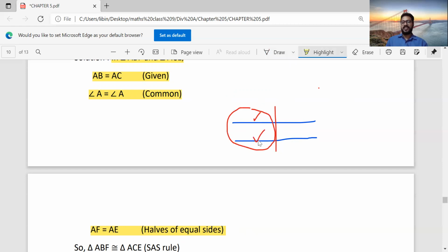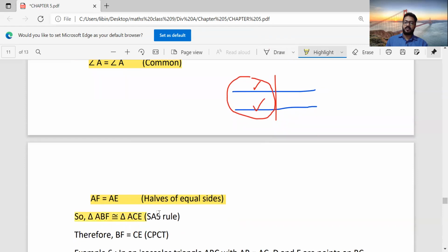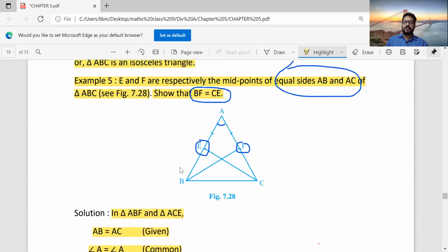Yes, obviously. So by using SAS property, we can say that triangle ABF is congruent to triangle ACE, and as a result, by using CPCT, BF is equal to CE. So thus we have proved our question. Clear?